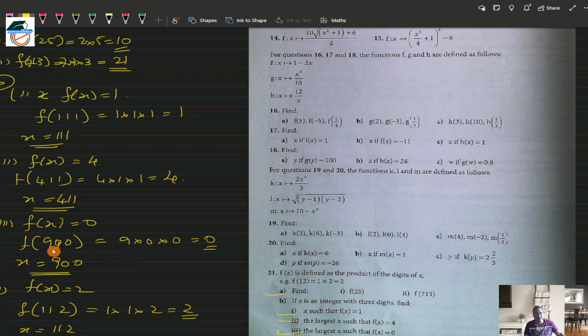So it will be 9 into 9 into 0. That will also work out to 0. And your largest number will be 990. So this answer will be 990. This is okay, 112. This is okay. So with that, we have completed question number 21 from exercise 11.